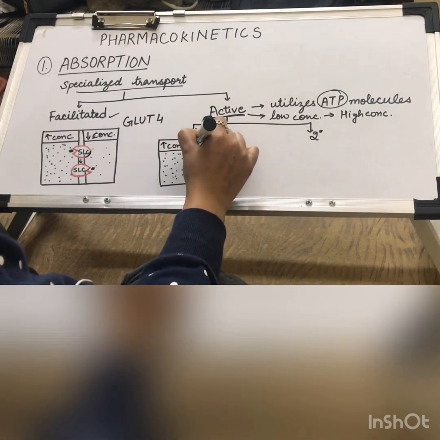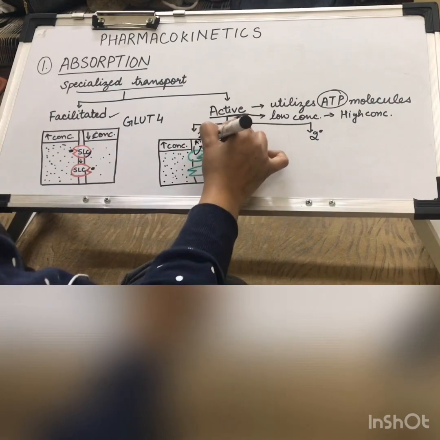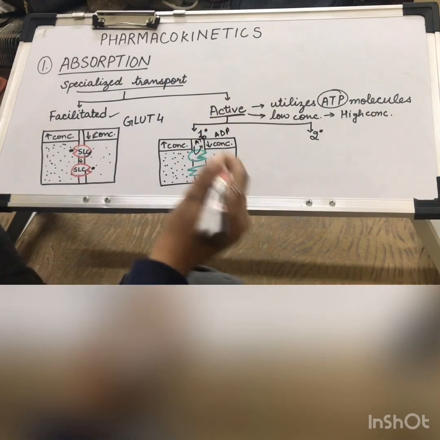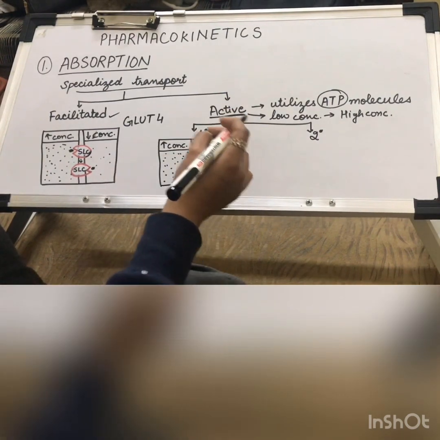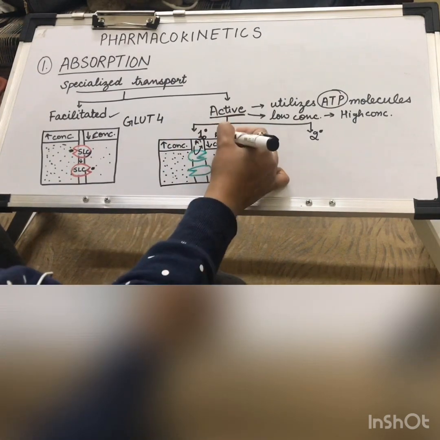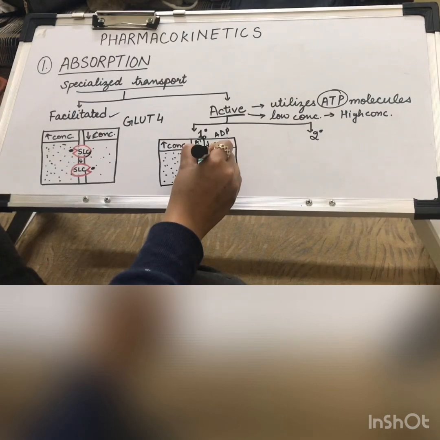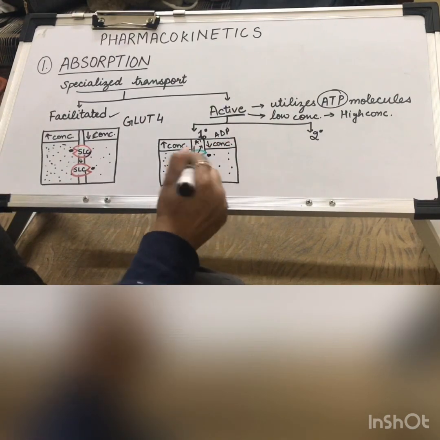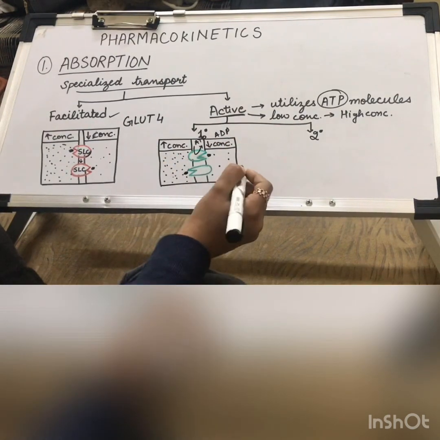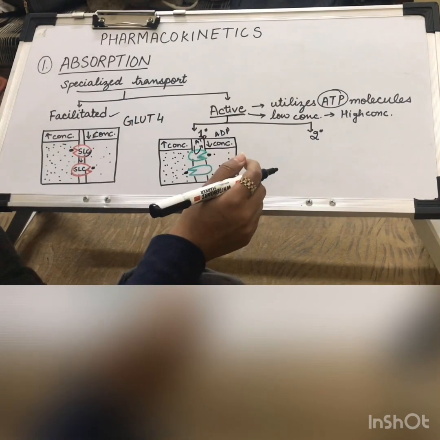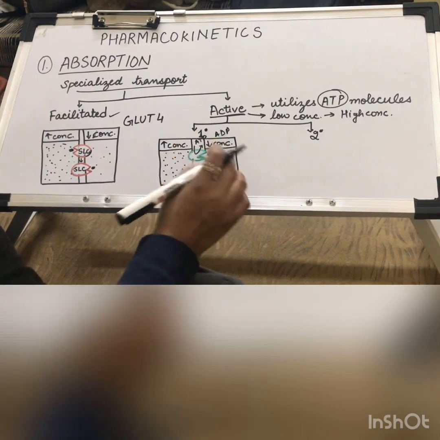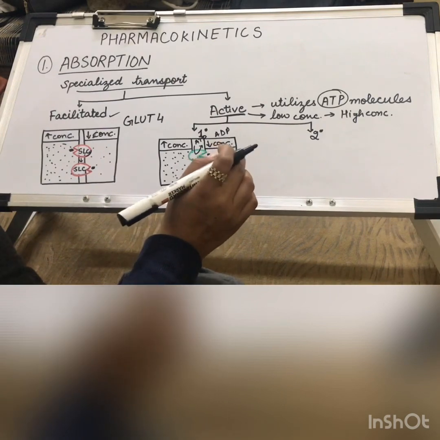ATP is hydrolyzed to ADP. Adenosine triphosphate is converted to adenosine diphosphate, and a substrate molecule is carried from low concentration towards the higher concentration. This is known as primary active transport.